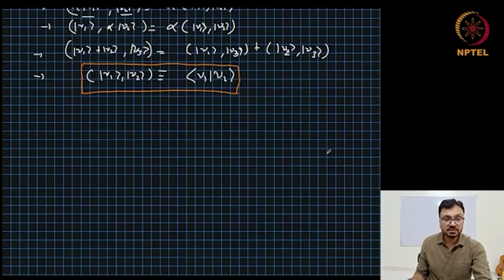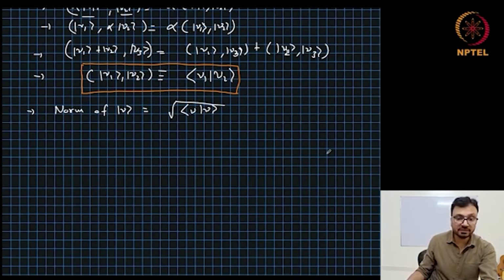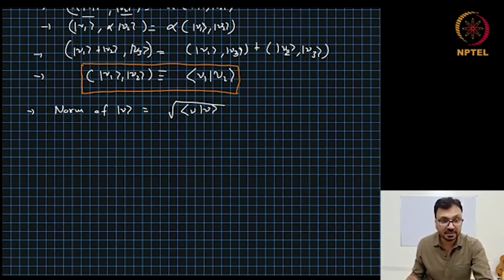Once the inner product is defined over a vector space, then certain structures or certain definitions can be given. For example, we can define the norm of a vector, that is given by the inner product of V with itself and the square root of that. This is how we define the norm, which is basically the length of the vector in some metric.